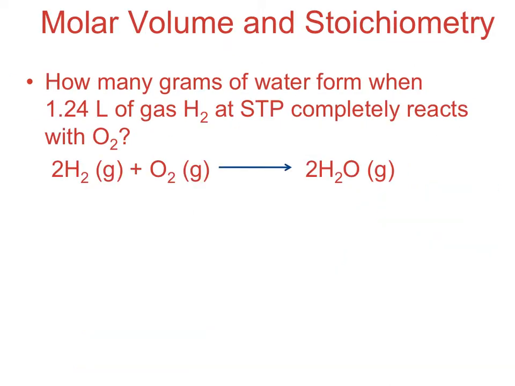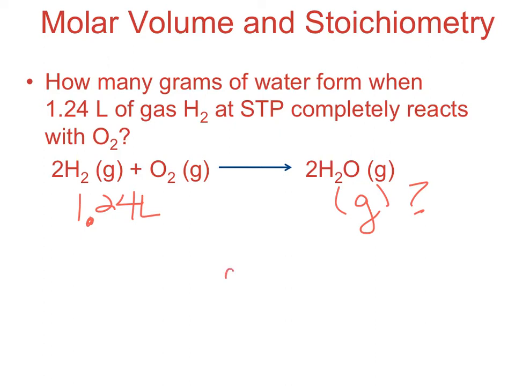And let's do a sample problem. How many grams of water, so we're looking for this, right? How many grams of water form when we have 1.24 liters of oxygen gas? So we have to get from liters to grams.